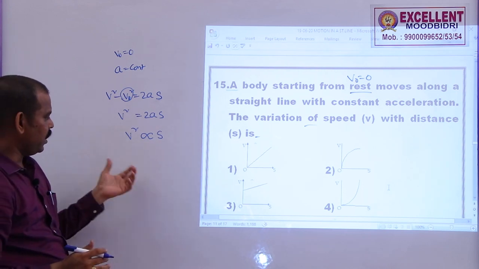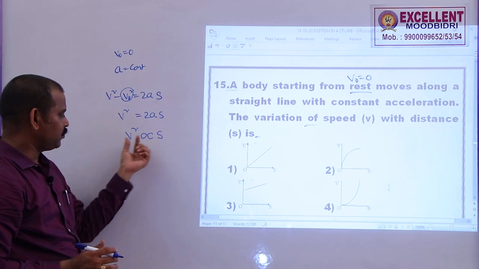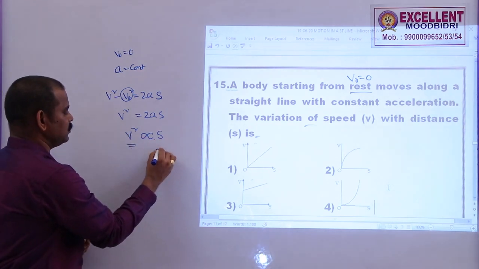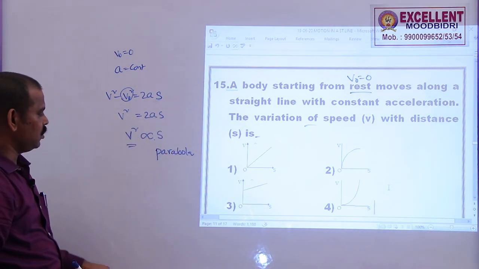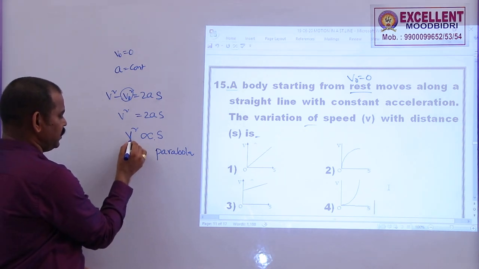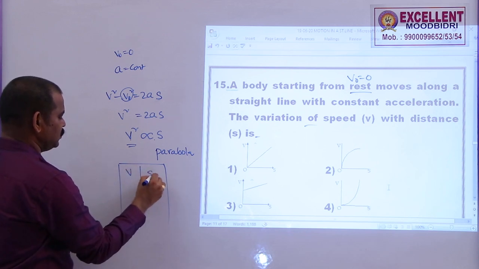So I need to find the graph in which these two quantities are related such that the square of the velocity is directly proportional to displacement, which means it must be a parabola. Let me take a small table here, velocity and displacement.